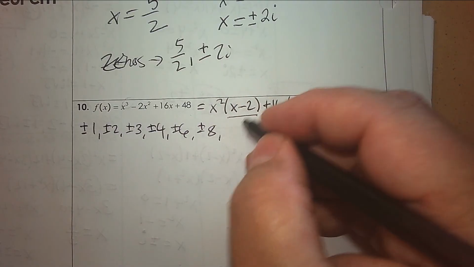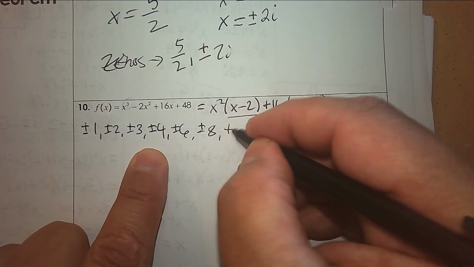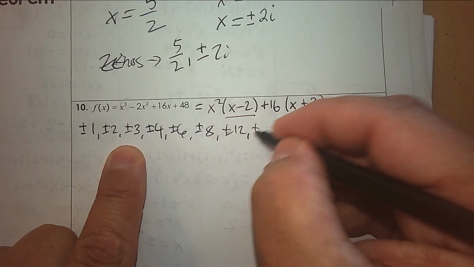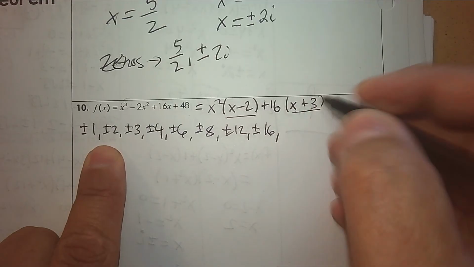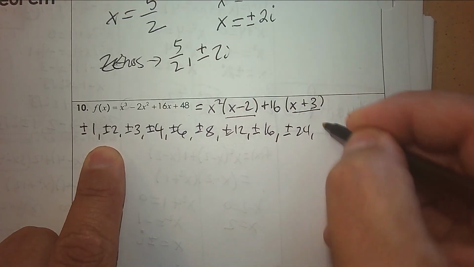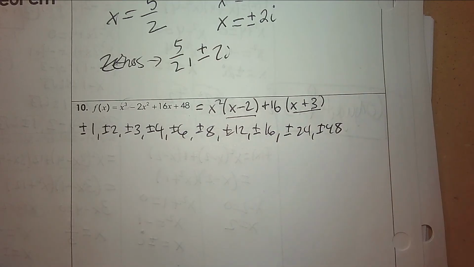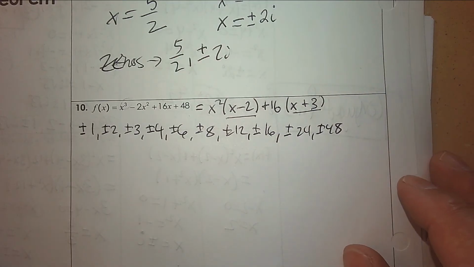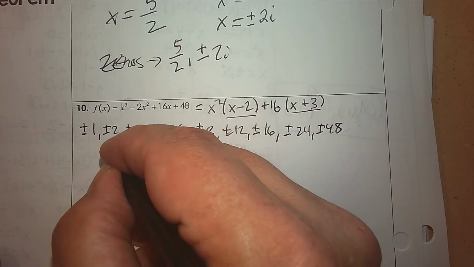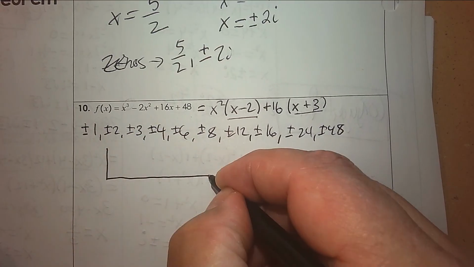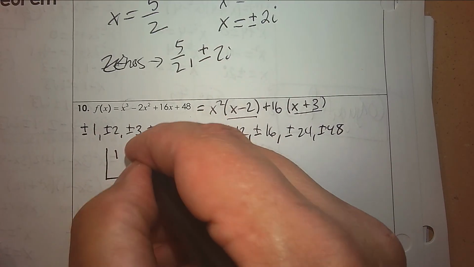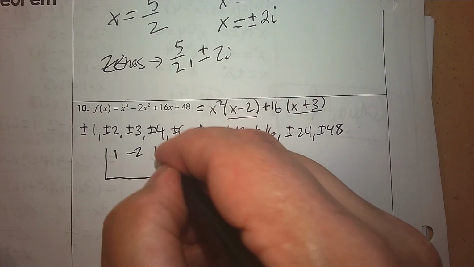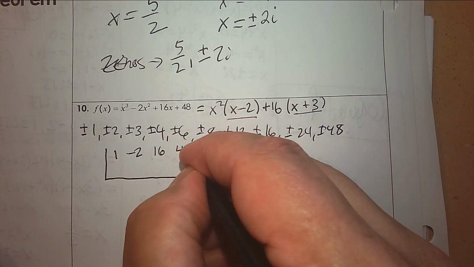Now we're working backwards. 12, yep. 16, 24, 48. All right. So it's a big number in terms of lots of factors. So let's see if we can make this easier on ourselves. So we have 1, negative 2, 16, and 48.